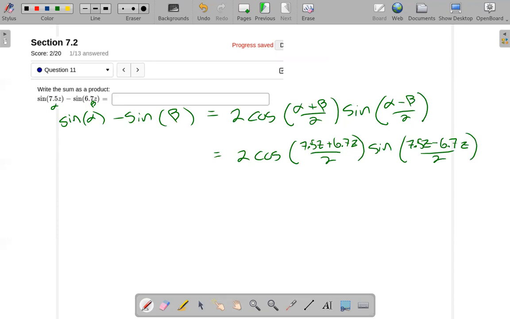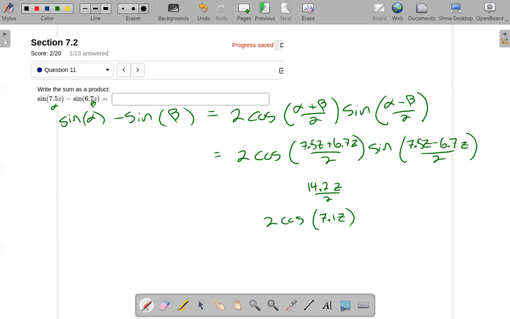Okay, so adding those, what do we get? 7 and 6 is 13, 5 tenths and 7 tenths is 1.2, so 14.2. A calculator would be a good idea to double check. Over 2 is going to give me 7.1z. So I have twice the cosine of 7.1z, and then the difference.